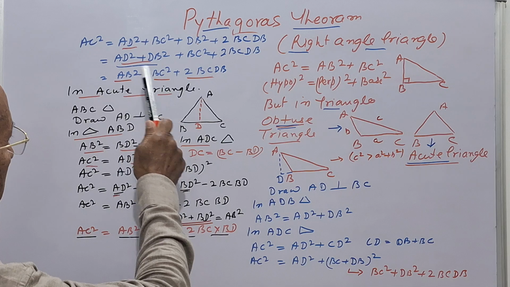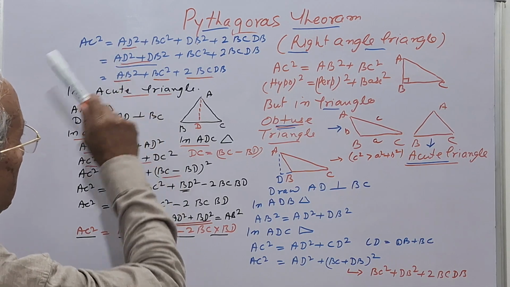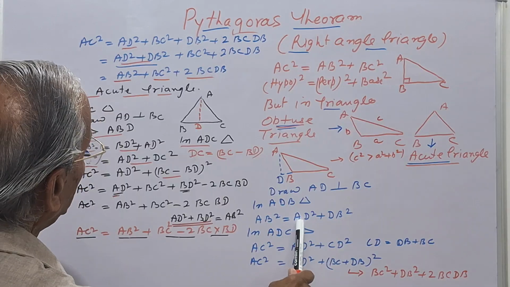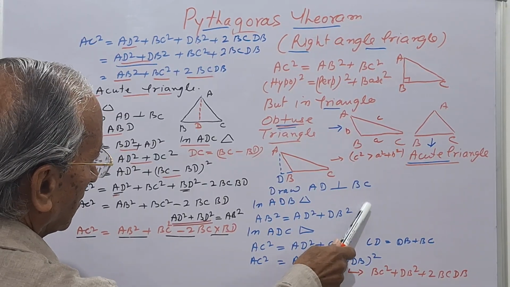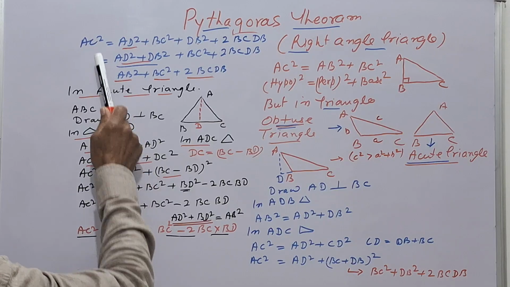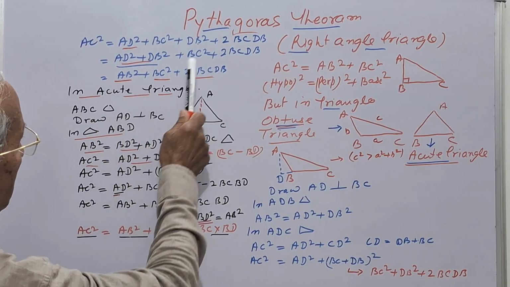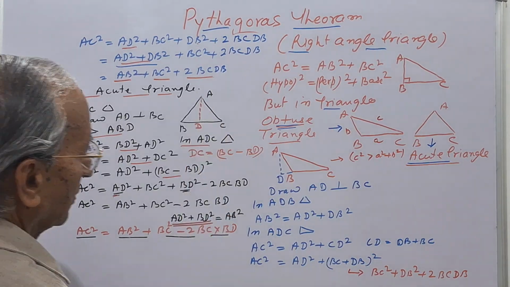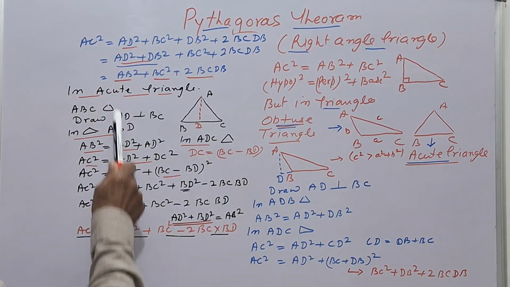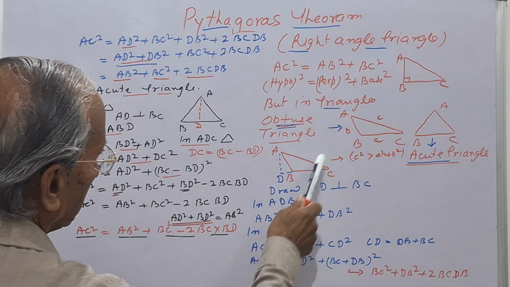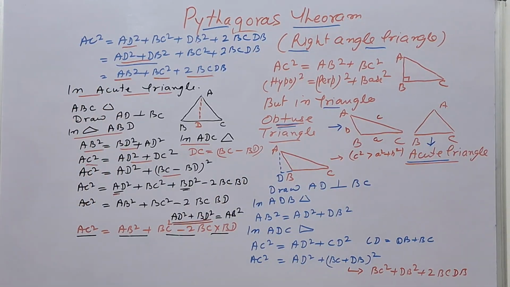Now here if we see, AD square plus DB square from equation number 1 is equal to AB square. So this equation becomes AB square plus BC square plus 2 BC into DB. So this is the actual Pythagoras theorem for the obtuse triangle.